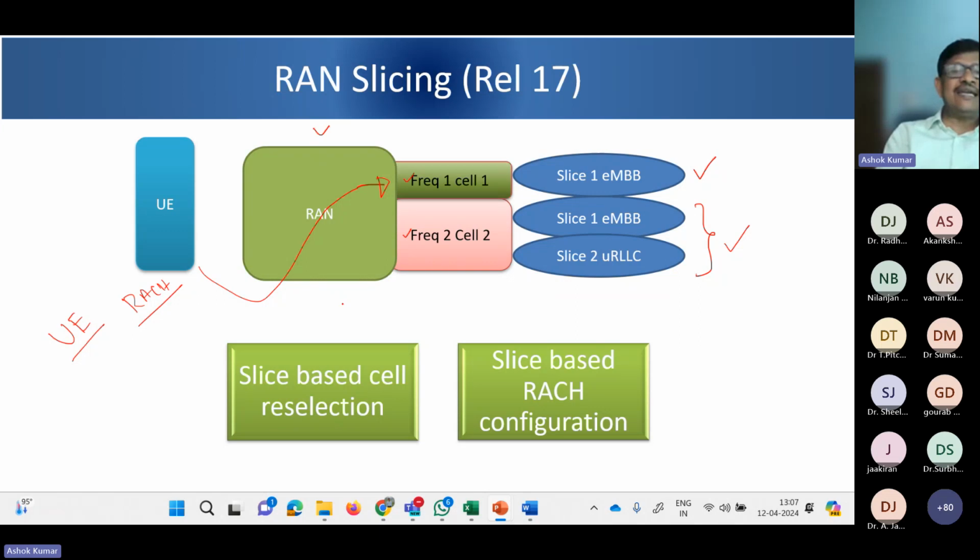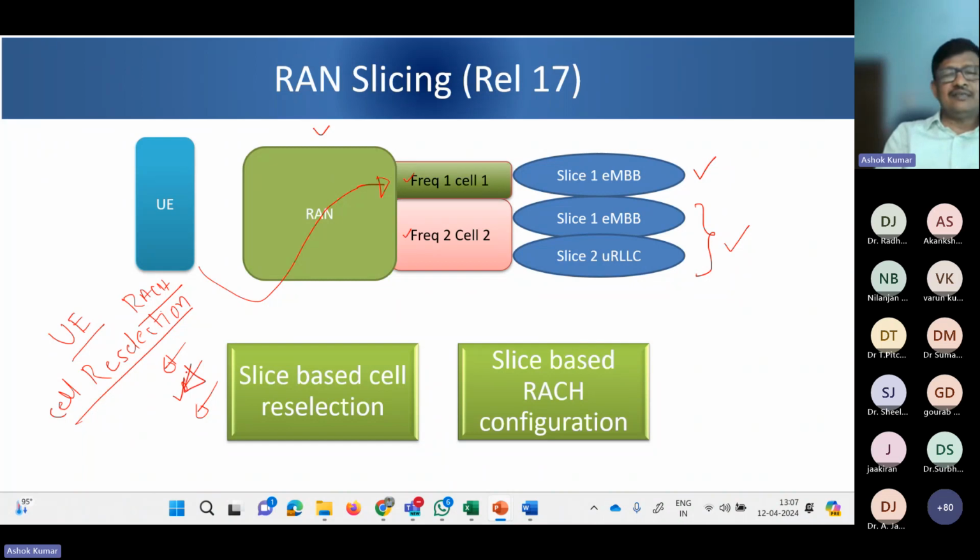And the second is during cell reselection. Do you know the cell reselection concept? When a UE is already connected to a radio, it keeps on monitoring signals coming from other gNodeBs, and if the signal is better for another one, then handover takes place.